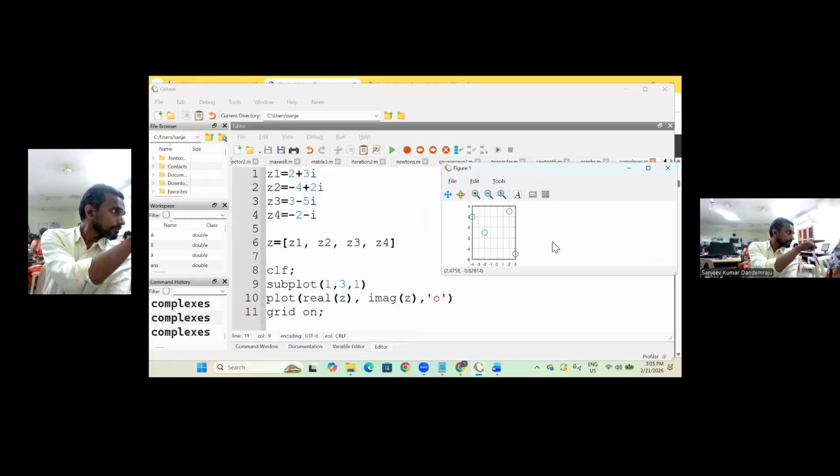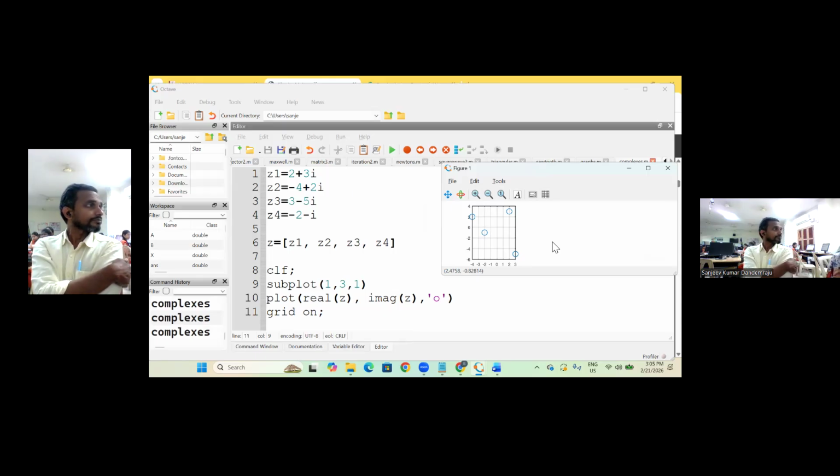Capital Z. Change it to small. Imaginary. Make it small. Other one also. Okay.